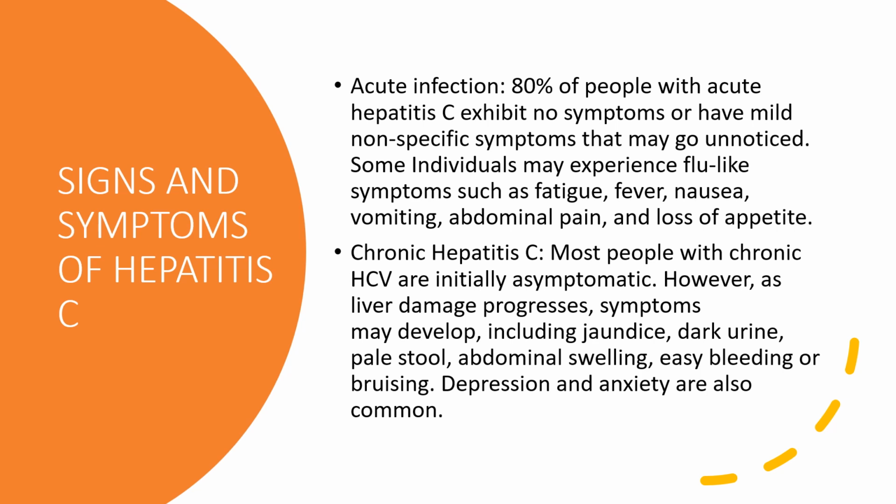As the infection progresses to the chronic stage, initially some patients may be asymptomatic, but as the liver damage progresses, they start showing signs of hepatic failure, like ascites, pale stool, jaundice, dark urine, easy bleeding, and bruising. Depression and anxiety are also common in patients with HCV.